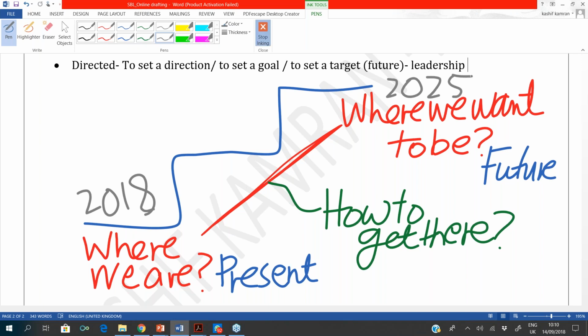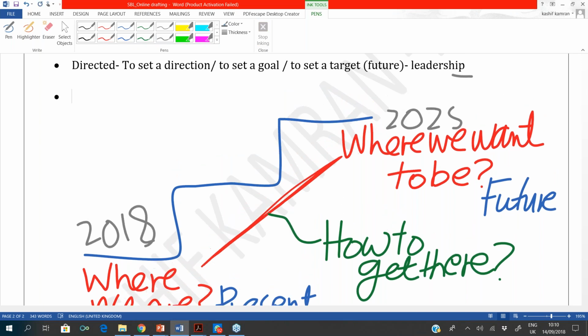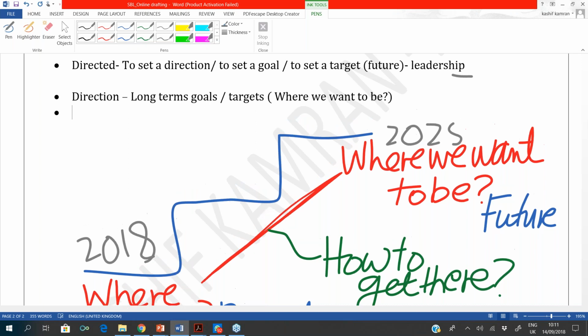Now that means, when we are setting up our direction, the directions are of two types. One type of direction is the long-term goals, the long-term targets. That is where we want to be.